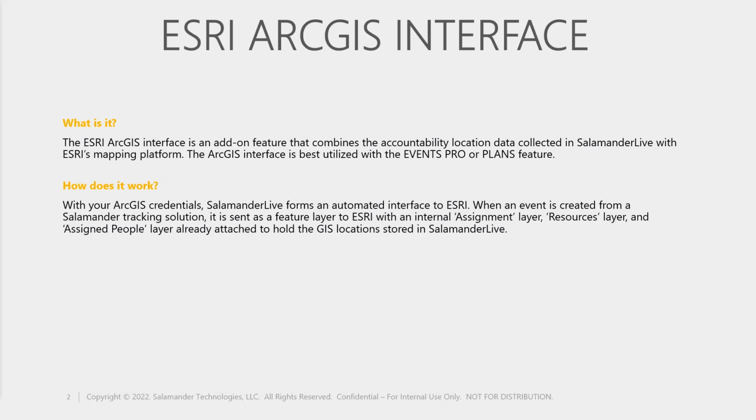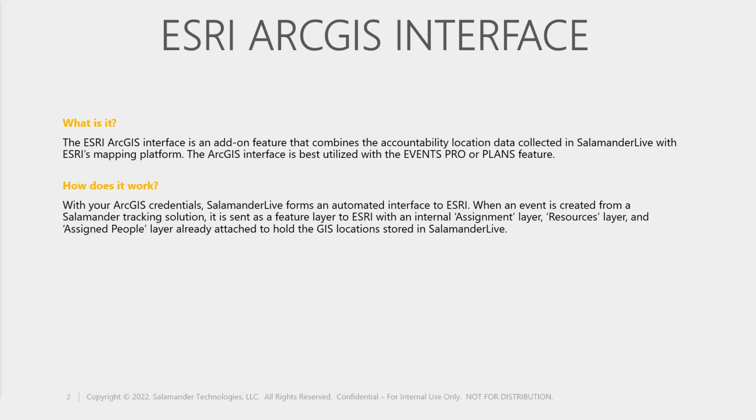So first of all, the ESRI ArcGIS interface is an add-on feature, and what it does is it combines the accountability location data that's collected in SalamanderLive with ESRI's mapping platform. If you've used ESRI before, you'll know that there's a mapping of all your GIS locations.